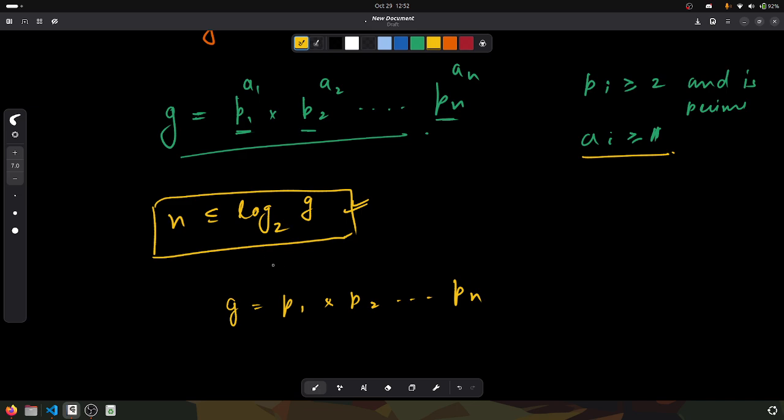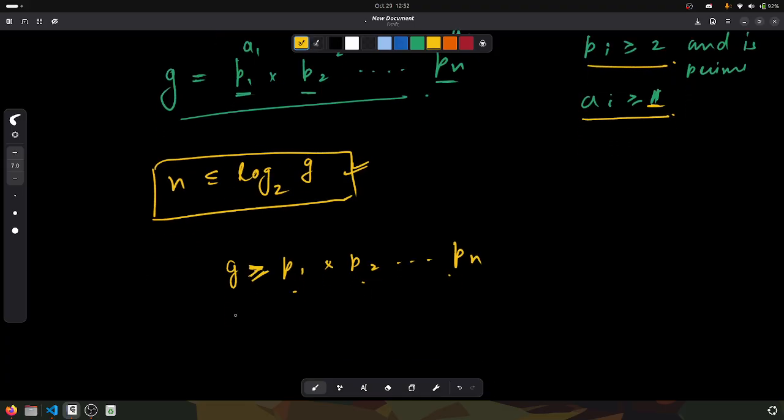Since we have reduced the Ai to the smallest possible value, and we know that the Pi's are all greater than or equal to 2, this inequality will change to G is greater than or equal to P1 into P2 till Pn, and G is greater than or equal to 2 to the power n, since P is also greater than or equal to 2.